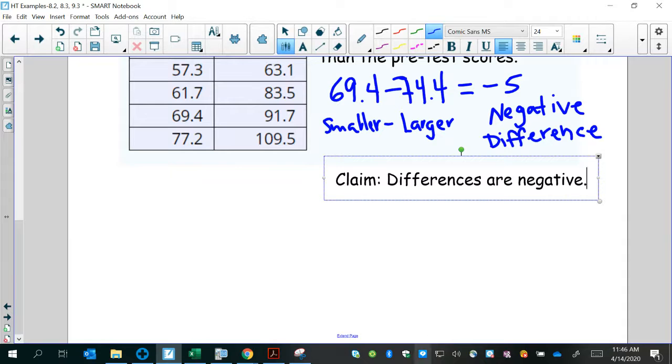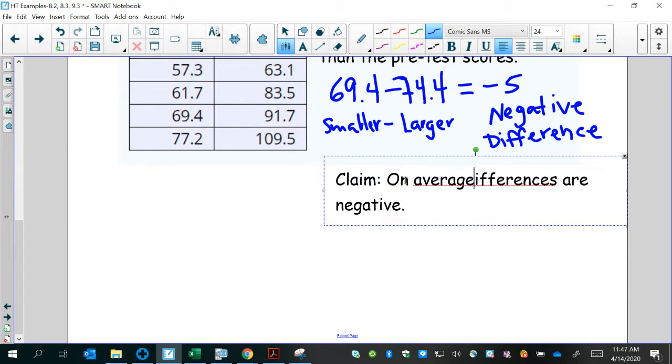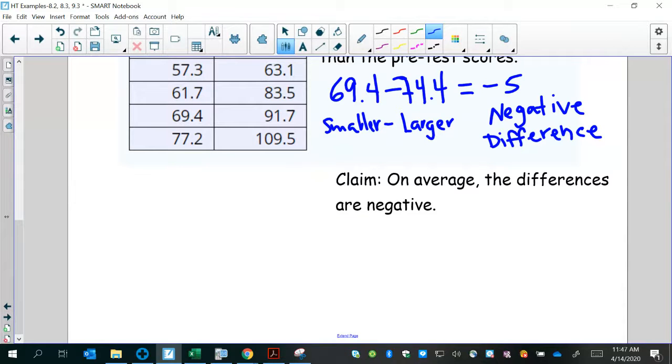So what we'll do is we'll use a single value to help us with this. What we'll say is that on average, the differences are negative. To write that in symbols, the mean of the differences on average is negative, which would mean less than 0. Okay, so this is our claim in symbols.